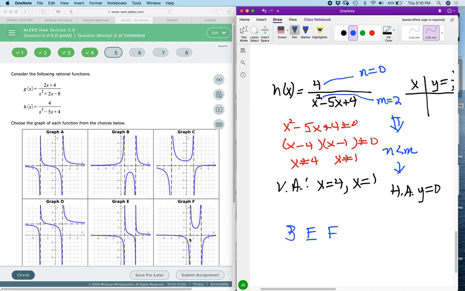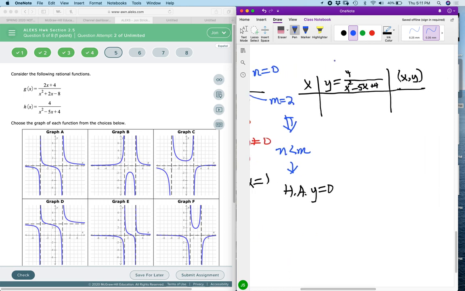So if I were to try out 0, for graph F you have -1 for y, and you have a +1 for B. Okay, and we'll see what we have for x equal to 0. So at least one of these will go out of the picture.